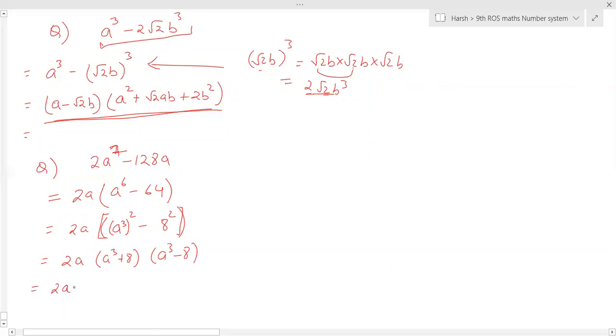Now 2a, a cube plus 2 cube. Come on, Deepika. a cube plus 2 cube and a cube minus 2 cube. Okay, I thought you said 8. Wait.